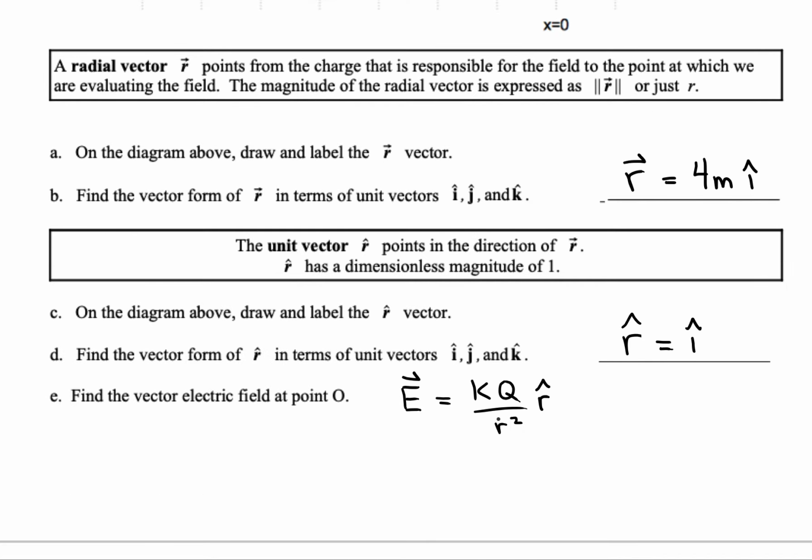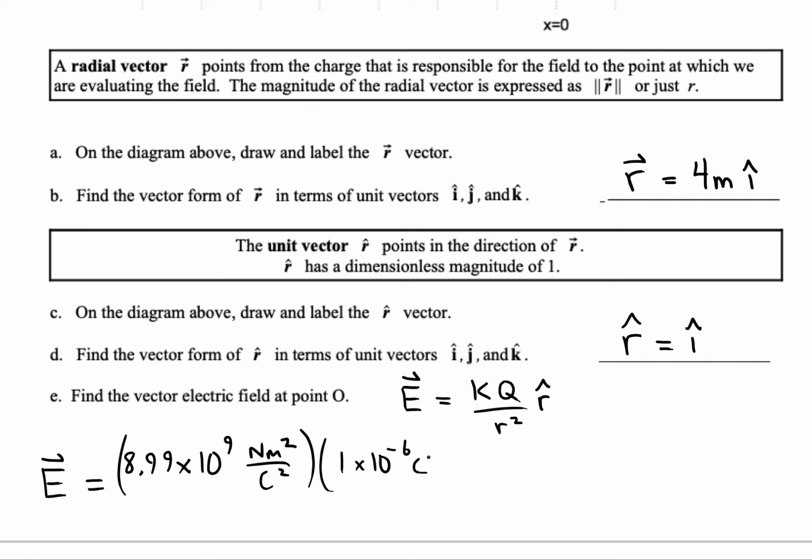All right, so how is this calculation going to be similar to the previous one I had done, and how will it be different? Well, all the numbers are going to be the same. But we're going to attach the r hat on the end.